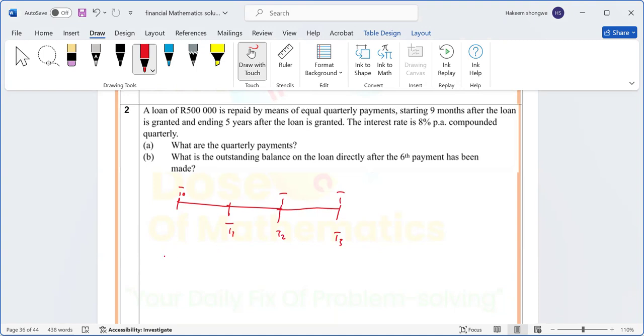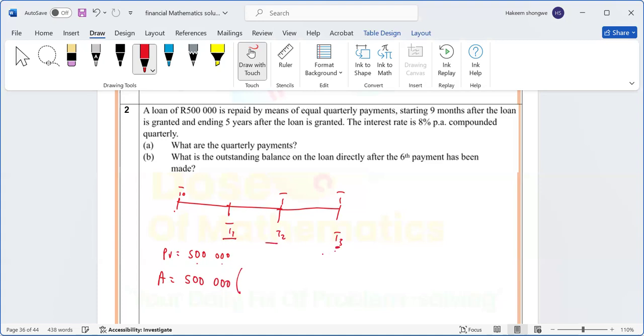So we can say, okay, we have our present value, which is 500,000 at T0. But when we actually start paying, we're not going to pay 500,000, because we're going to have A, which is going to be equal to 500,000 times interest number 1, interest number 2.